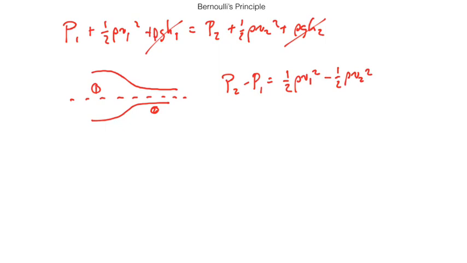In other words, the internal pressure of a fast-moving fluid is lower than when the fluid moves slowly. The faster a fluid goes, the lower its internal pressure. Is that true in your experience?